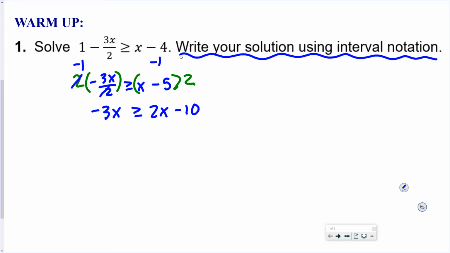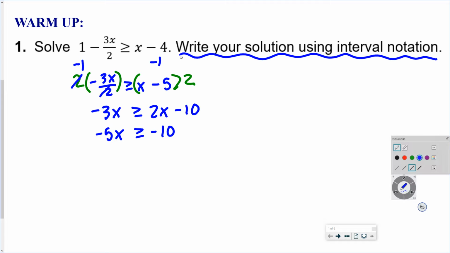Now move over the 2x, and divide by negative. Yes, divided by negative, gotta flip the sign. Or you could have tried to keep everything positive too. All right, you should have gotten this.